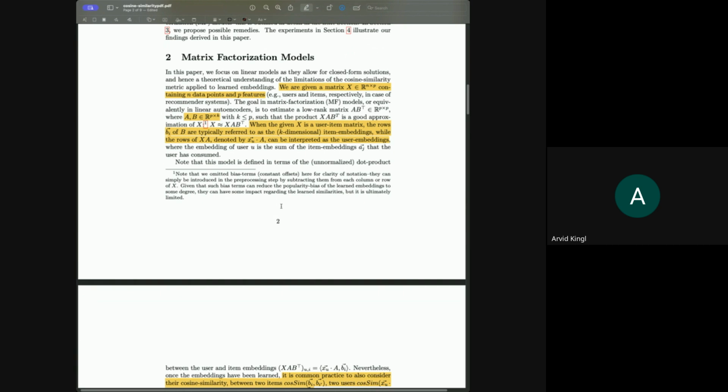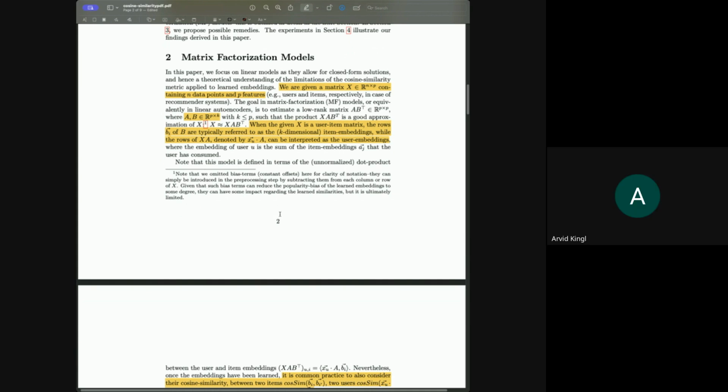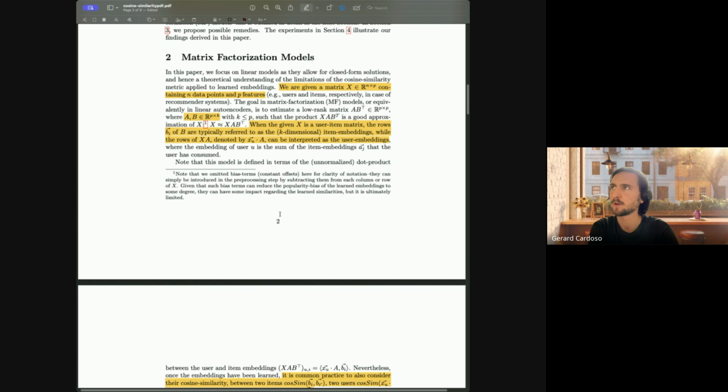Wait, P was the dimension of the items or the features, yeah. And so we could in principle formulate it as the dimension of the users as well, right? So then sure, yeah. And would that be different, or should a symmetric version of those two options be a more meaningful problem to solve? Would that not be equivalent?